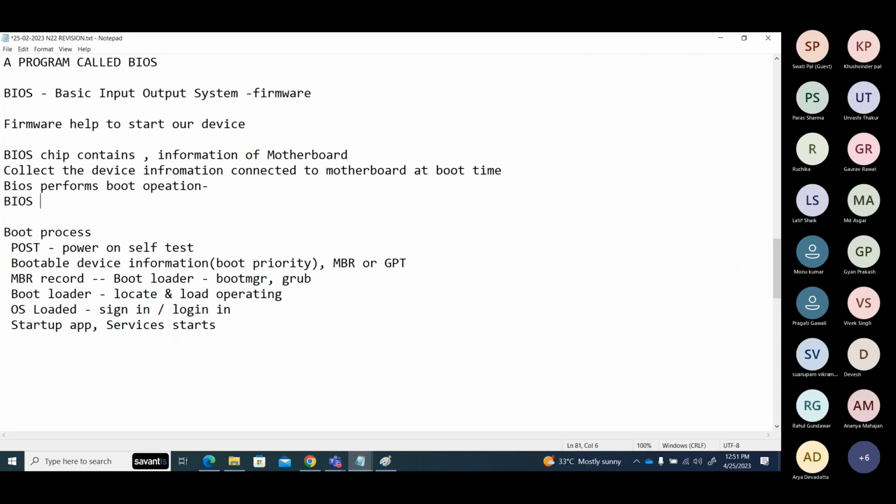There are BIOS settings to change hardware device features or functions, enable or disable.